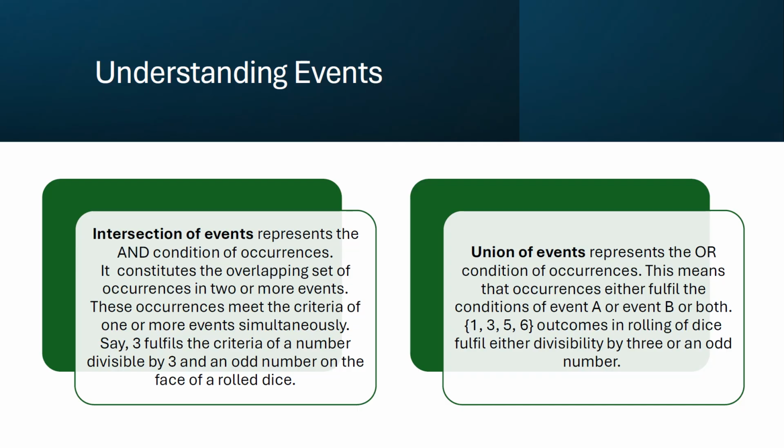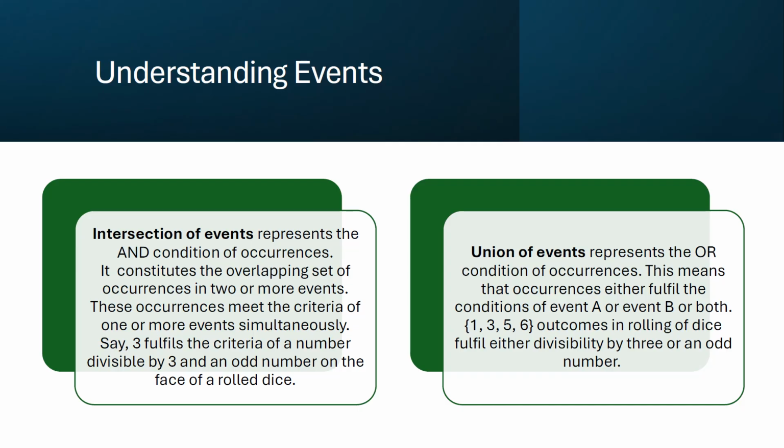On the other hand, we have the union of events which represents the OR condition of occurrences. This means occurrences that fulfill the conditions of event A or event B or both. For example, 1, 3, 5, 6 are outcomes in rolling a dice.